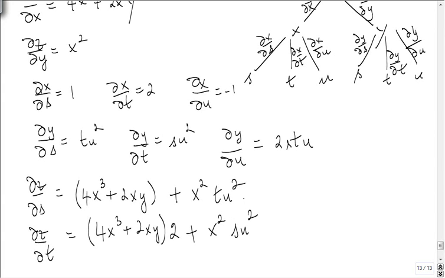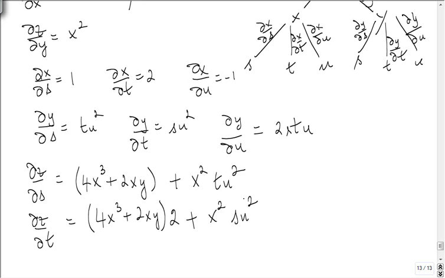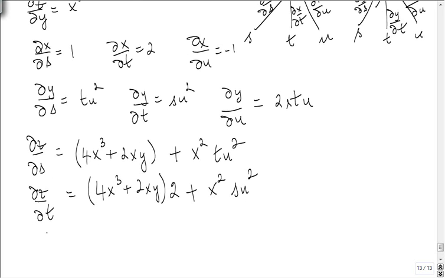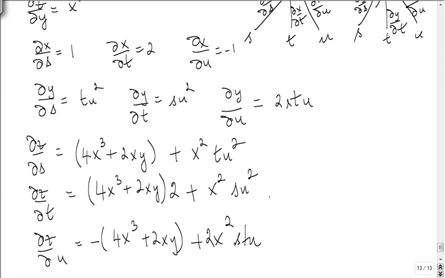You have to concentrate on this, you know. And then the last one, partial z with respect to u equals the same thing here, times partial x with respect to u, which is -1, so put a minus in front, plus x squared times 2stu.